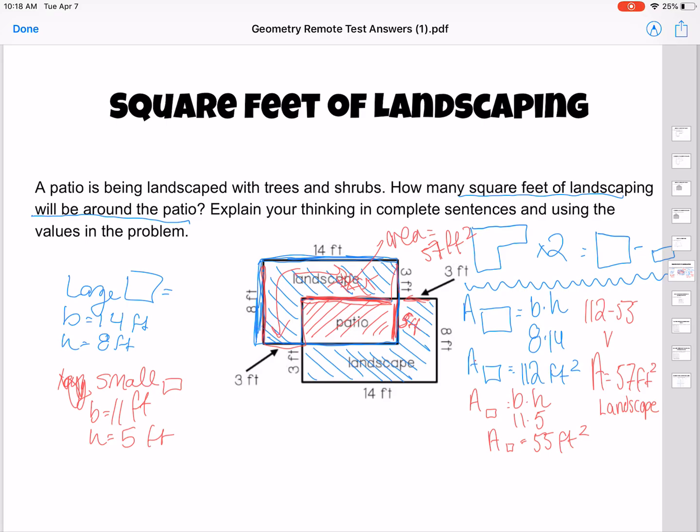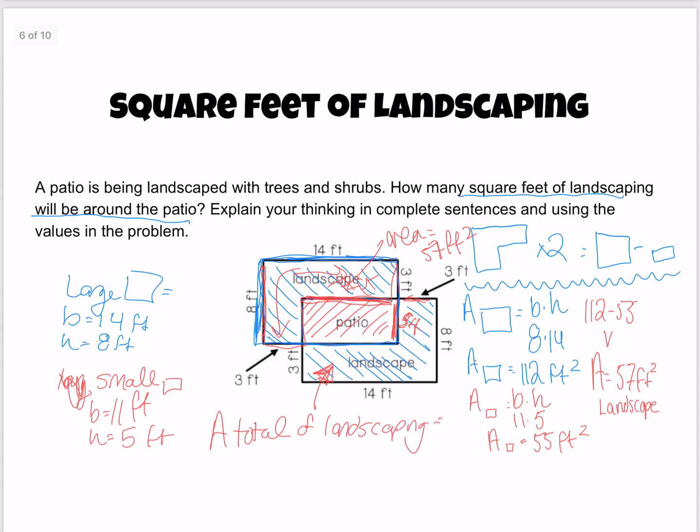But we also have a mimic of it, or the same thing going on here. So we have one up top and one on the bottom. So the total area of landscaping is not just our top one, but it's also our bottom one. It's going to be 57 times 2.